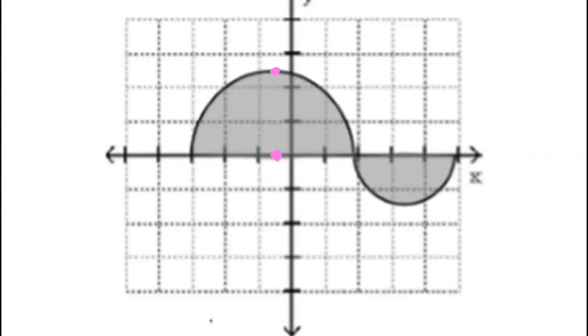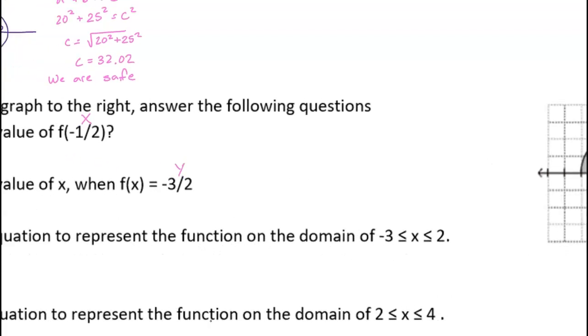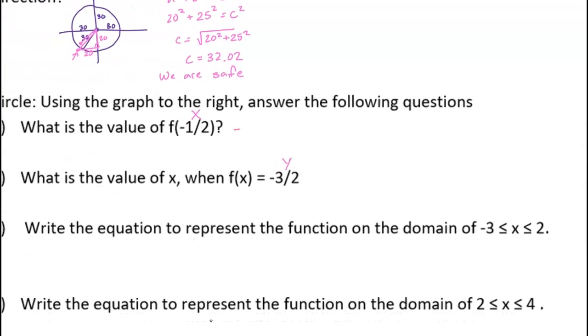So if I'm trying to figure out what my f of x value is for that -1/2, all I have to do is know that the radius is 2.5. From my center, I go up exactly 2.5 to get to the edge of my circle. So the y value here, the f of x value, is 2.5. Or, in terms of a fraction, which in most cases they want the answers here, 5/2. 5 divided by 2 is our radius.